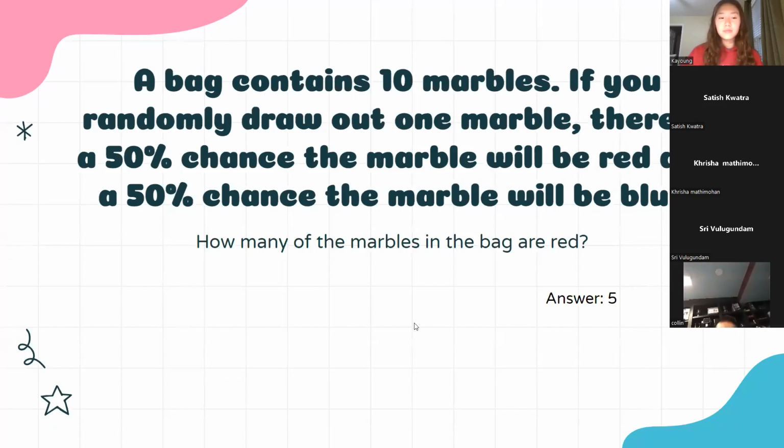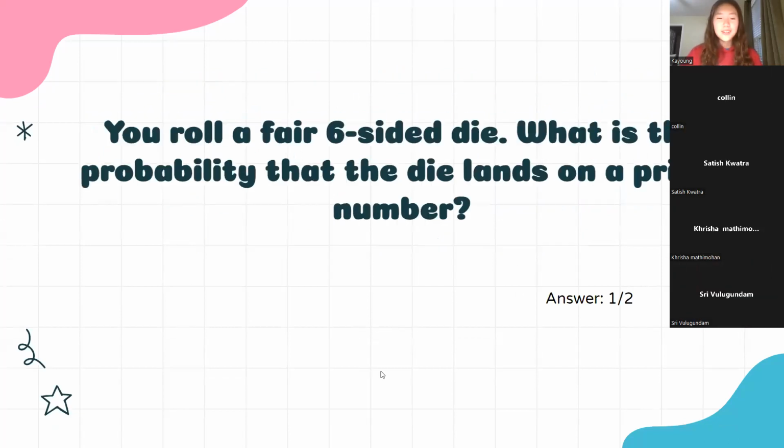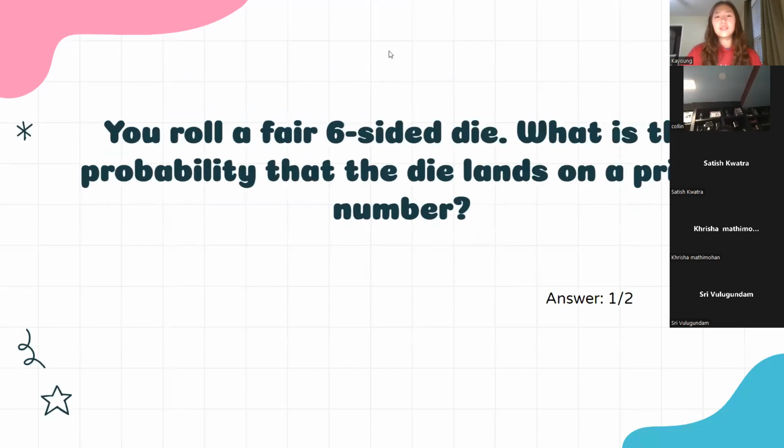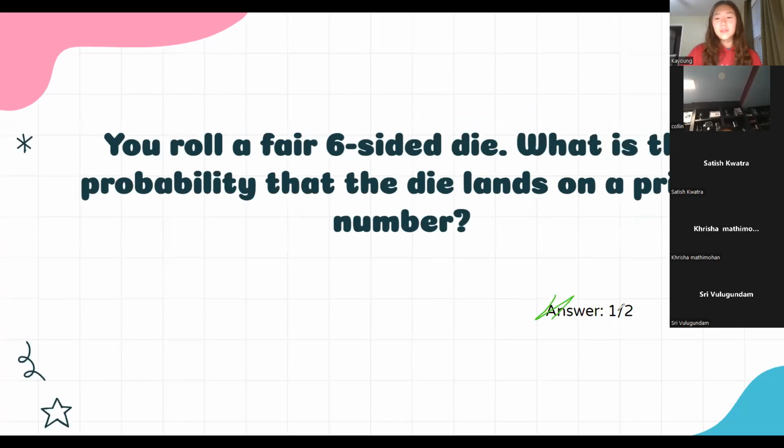Pretty simple. Sorry, my computer crashed. No, you're good. We're just doing a little warm-up right now, so this should be pretty simple. Oh wait, why is the answer on there? Nobody sees that, right? Is it in present mode? I don't know why it's there. I think the animations are just not working, or maybe she forgot to add it. Anyways, oh, you're in 8th.